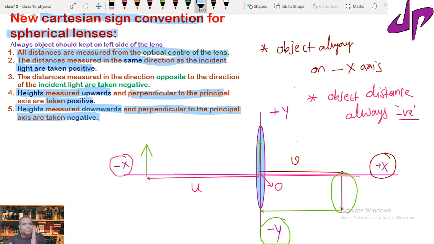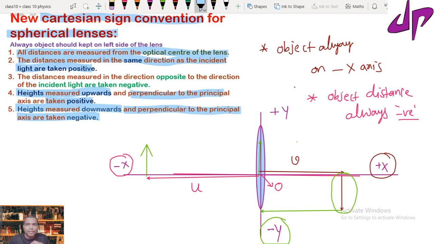If the height is along the positive y-axis, we measure it as positive. If an inverted image forms, then that height is measured along the negative axis. So these are the rules we keep in mind while measuring object distance, image distance, object height and image height.